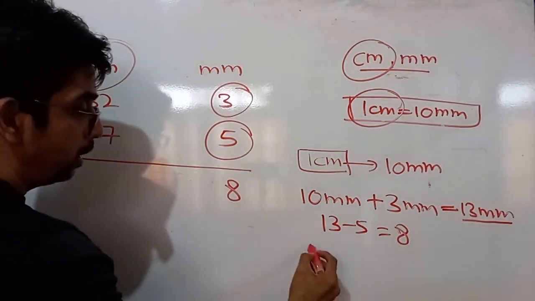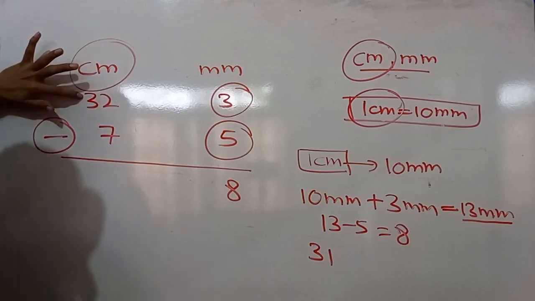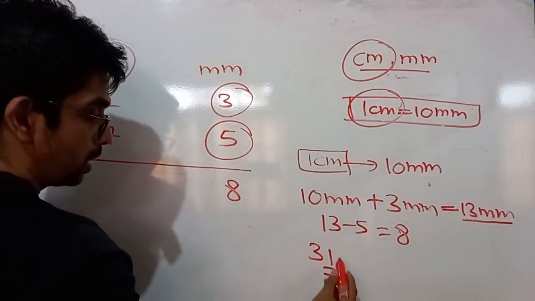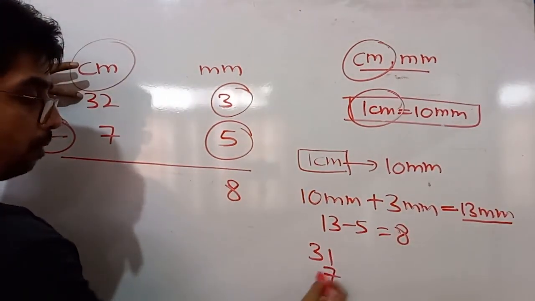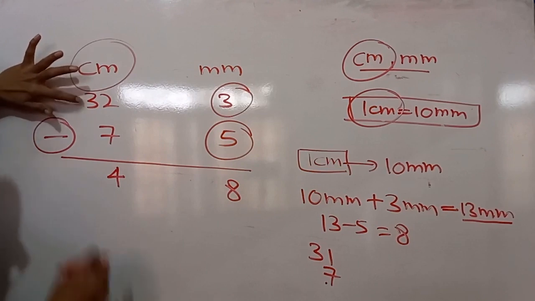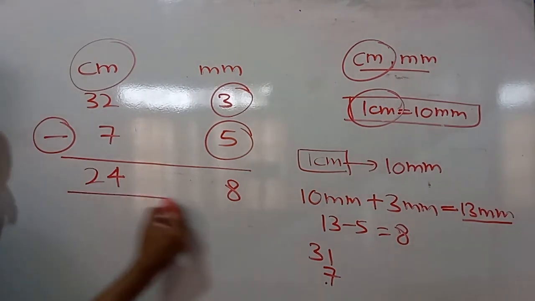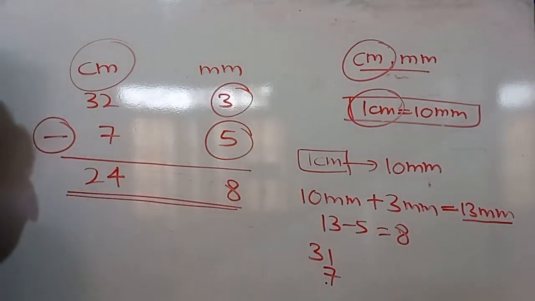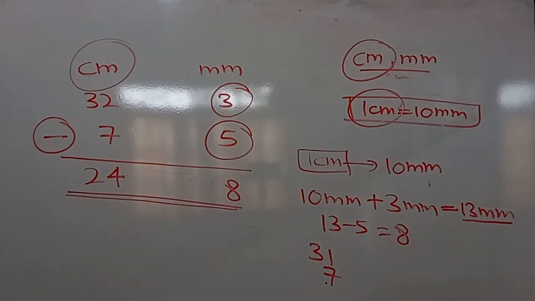So the remaining centimeters will be what? 31 becomes... so we can subtract 7 from 31. 1 minus 7 we can't do. 11 minus 7 we know that will be a 4. Then here this will be 2. Okay? So what will be the answer? 24 centimeters and 8 millimeters.